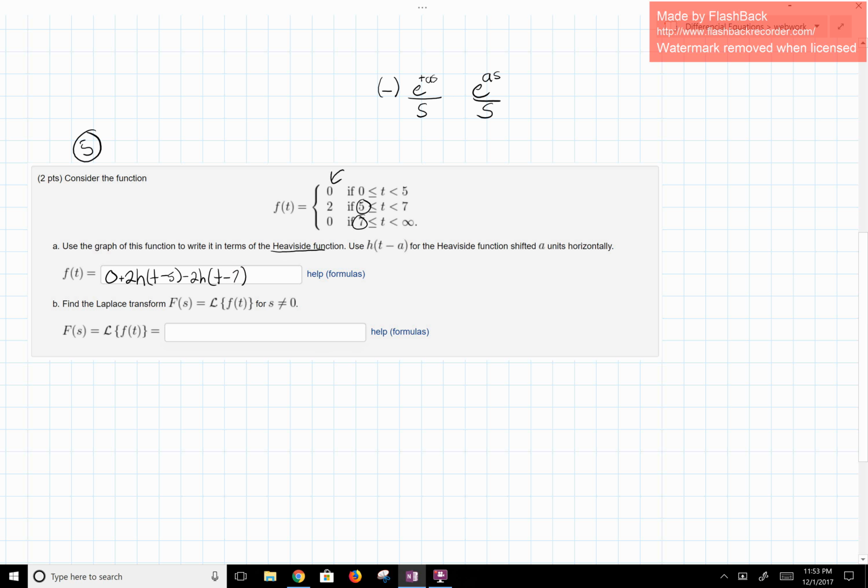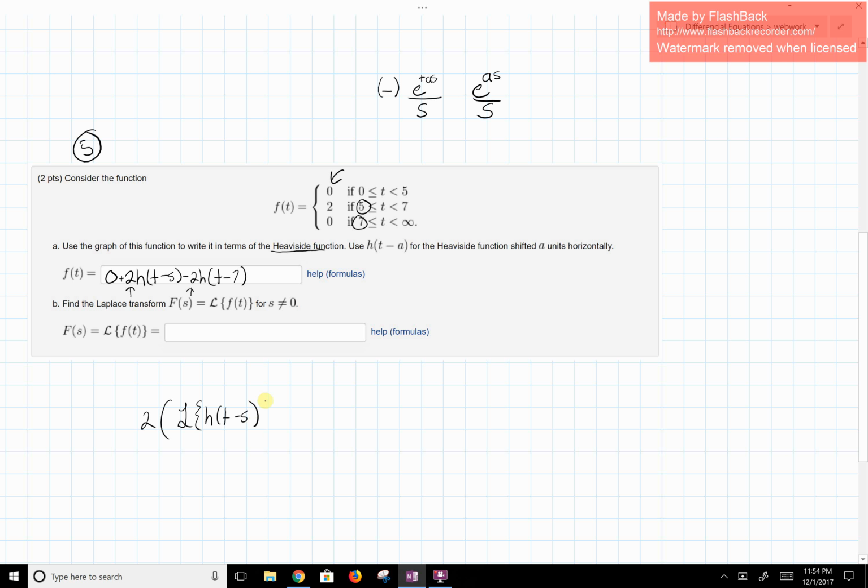So now what we can do in this situation is find the Laplace transform. Just because there's a common factor of 2, I'm going to bring the 2 out front, and we get the Laplace transform of h t minus 5.